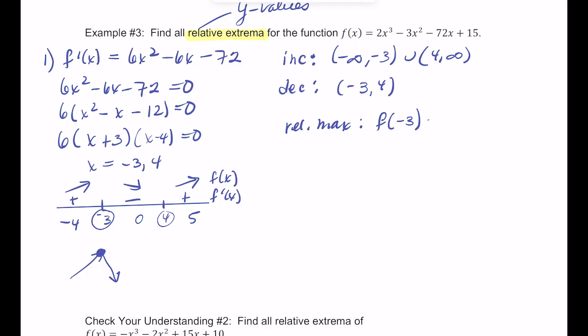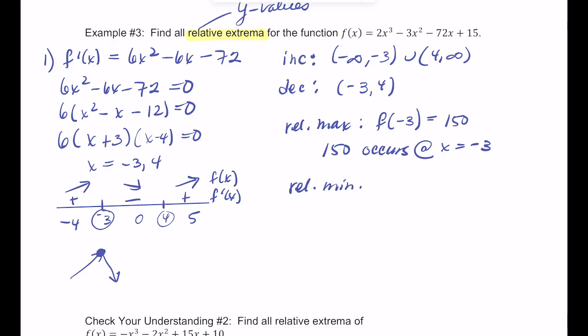And when you plug -3 in, you end up with 150. So I know that there's a relative max at -3, 150. The maximum is actually 150. It occurs when x equals -3, right? So 150 is the max, and it occurs at x equals -3.